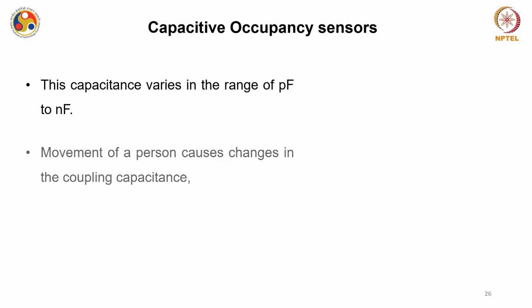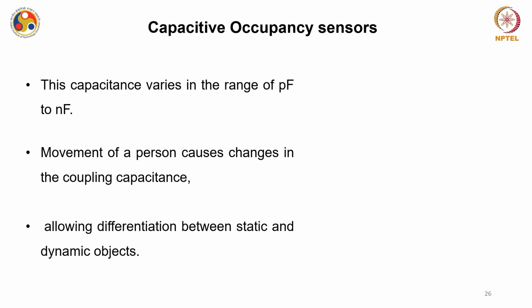What is nearby to us affects this, and whatever is affecting the capacitance is nearly in the range of a few picofarad to a few nanofarad, depending on all these factors. As I have mentioned, movement will cause changes in the coupling capacitance, which allows us to segregate a moving object from a static or still person.